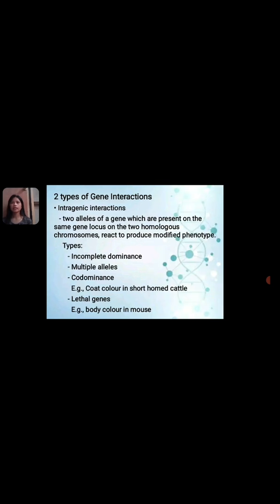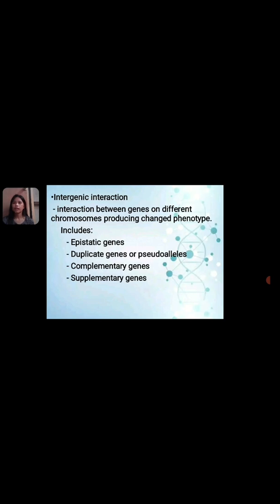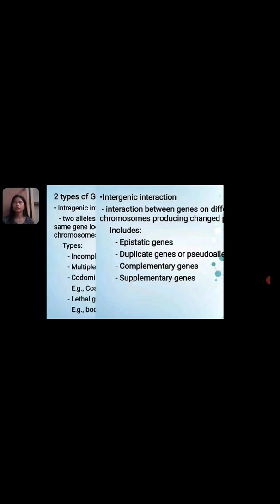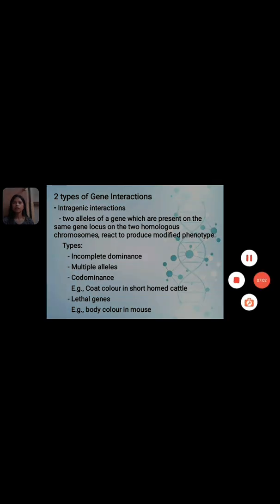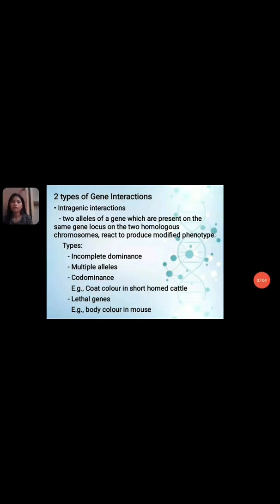Next, there are two types of gene interaction: the intragenic interaction and the intergenic interaction. In intragenic interaction, two alleles of a gene which are present on the same gene locus on the two homologous chromosomes react to produce modified phenotypes.